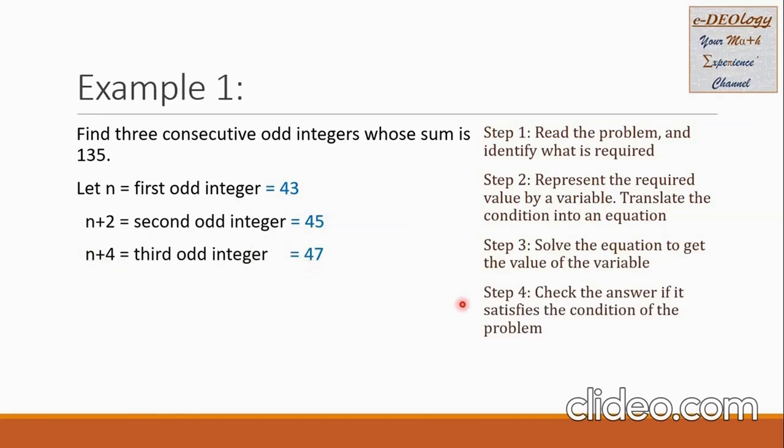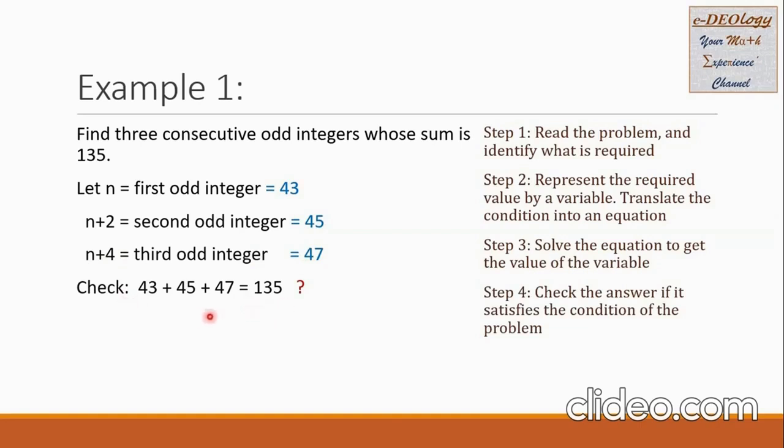For step 4, we will check the answer if it satisfies the condition of the problem. So if we're going to add these 3 odd integers and they are consecutive, the sum must be equal to 135.